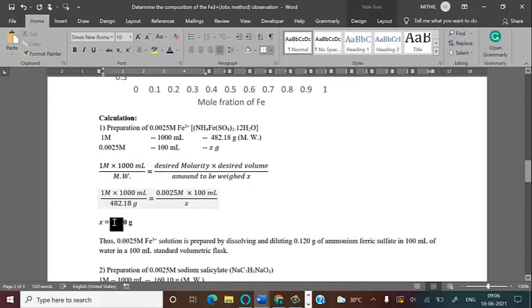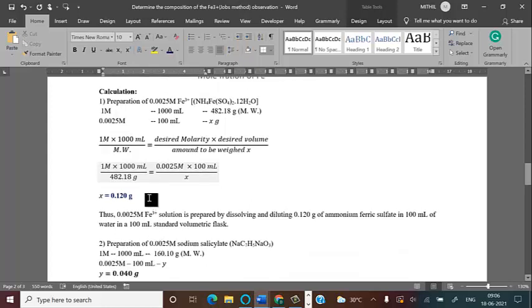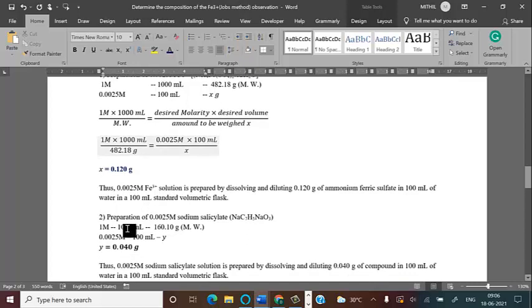Once we dissolved this in water and diluted up to the mark in a 100 ml standard volumetric flask, we got around 0.0025 molar Fe3+ solution. To be very precise, it is 0.00248 molar Fe solution.